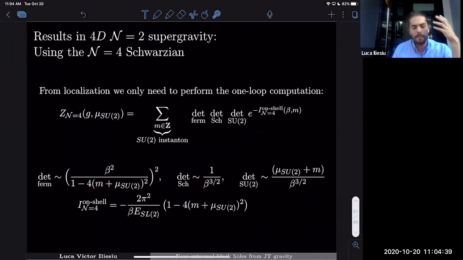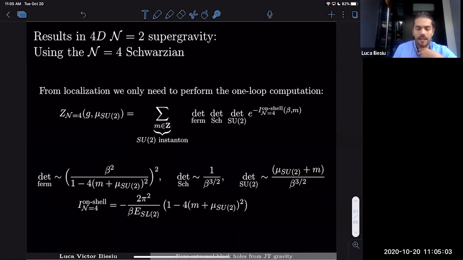The important thing that I want you to notice is the scaling with beta of these terms, because the scaling with beta just counts the number of zero modes associated to each degree of freedom. So for instance, let's start with the Schwarzian and the SU(2). Notice that they both go as 1 over beta to the power 3/2.